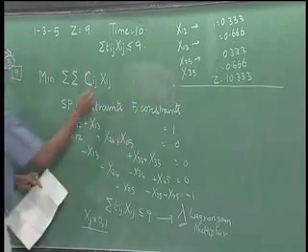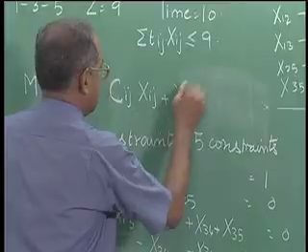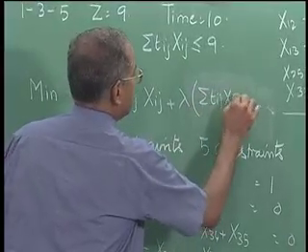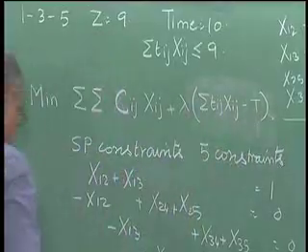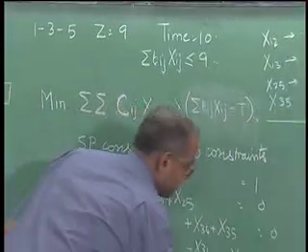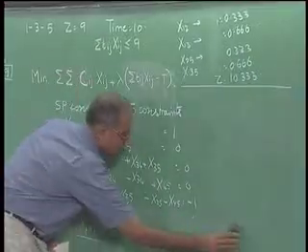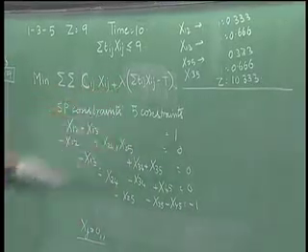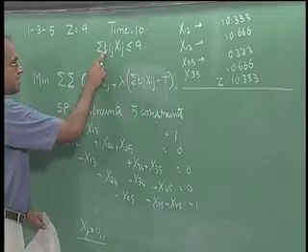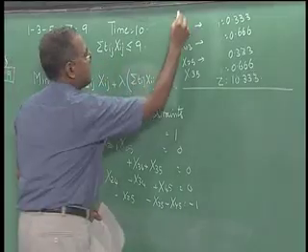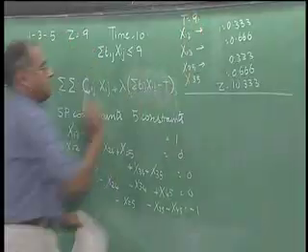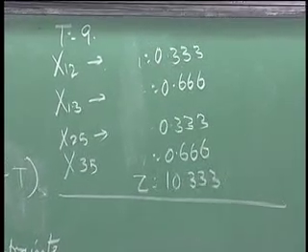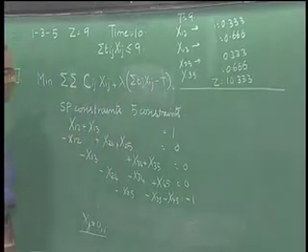So this will become plus lambda times sigma Tij Xij minus t. So we remove this constraint and take it into the objective function by using a Lagrangian multiplier, where lambda is the Lagrangian multiplier. Now Tij Xij is this constraint. Now t is equal to 9 in this example. We have said that the right hand side value should be less than or equal to 9. So we have got this into the objective function.